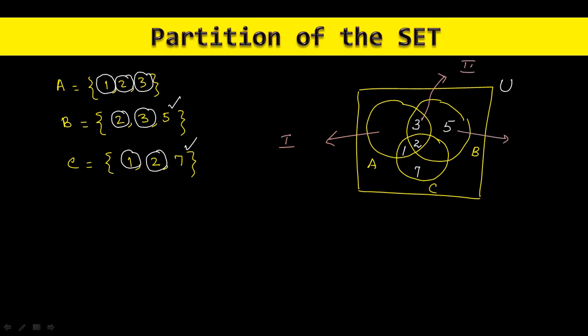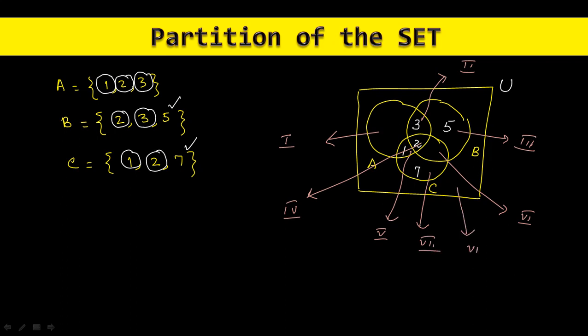This one is partition number 3 and the central portion, this one is partition number 4. And what about this one? Partition number 5. This one is 6. And what about this one? This one is 7. And the outside portion, this one is 8.